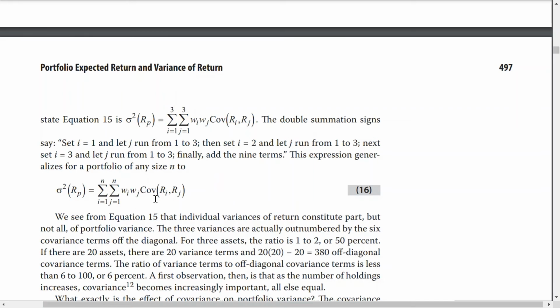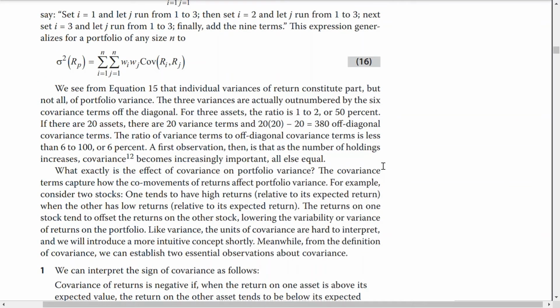We see from equation 15 that individual variances of returns constitute a part, but not all, of portfolio variance. The 3 variances are actually outnumbered by the 6 covariance terms off the diagonal. For 3 assets, the ratio is 1 to 2, or 50%.